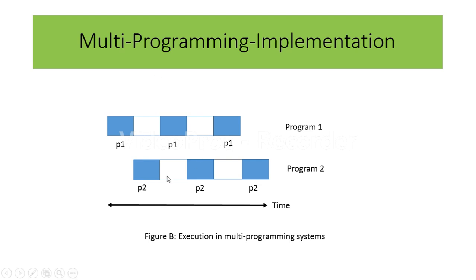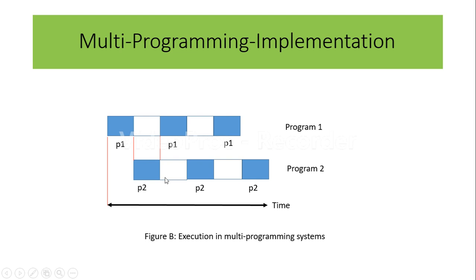Further, when program 2 requests certain IO operations to be performed, the CPU immediately switches to program 1. Here, at a certain time when P1 is getting executed, after a certain span of time when P1 requires IO operations, instead of keeping the CPU idle, it starts with the execution of P2.